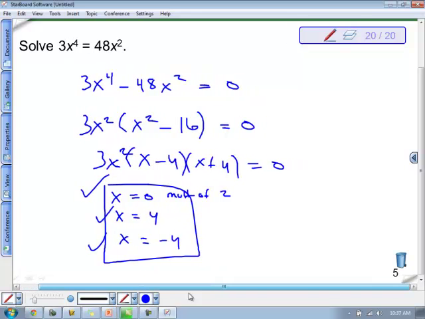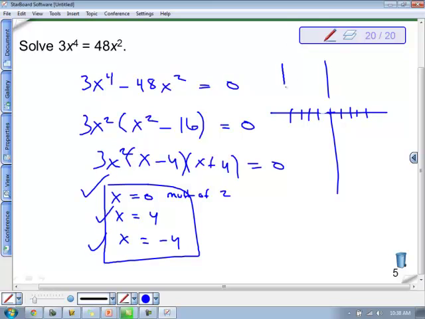Now, you could graph this if you wanted to. Like I said, graph the left and the right. But what you're going to see is a fourth degree polynomial that basically looks like a parabola for the most part. But I know that it touches at 0. It's got a multiplicity of 2, so at 0 it touches there and doesn't change signs. It also touches at negative 4 and 4, so it's going to look like this.